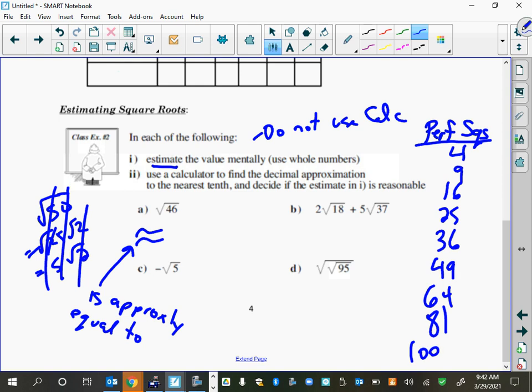So 46, the radicand, is closest to what perfect square, everyone? 49. So you're going to put that it's approximately equal to the square root of 49, which is approximately equal to positive negative 7, because negative 7 times itself equals 49 too, right?